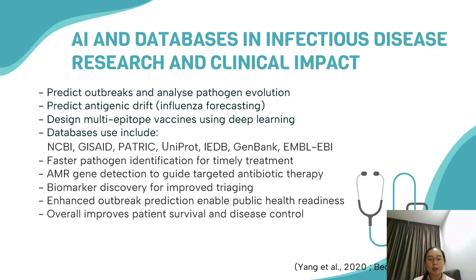Bioinformatics can give several clinical impacts in infectious disease management. These include faster pathogen identification for a timely initiation of treatment, antimicrobial resistance gene detection to guide the targeted antibiotic therapy, and support biomarker discovery for improved triaging, allowing clinicians to identify high-risk patients earlier.